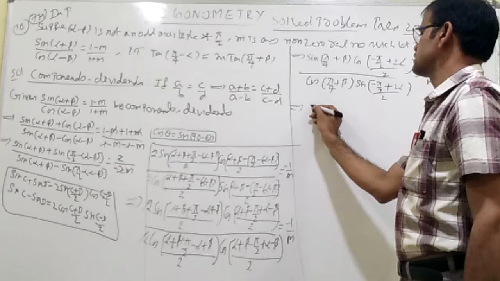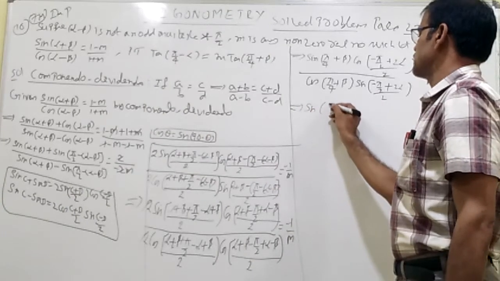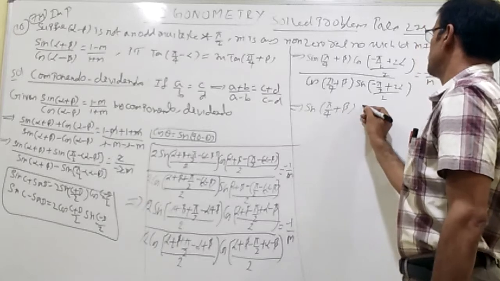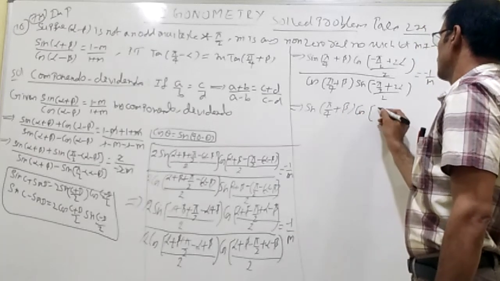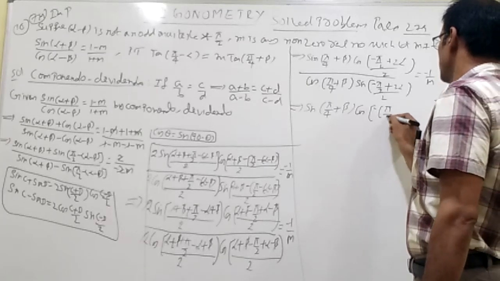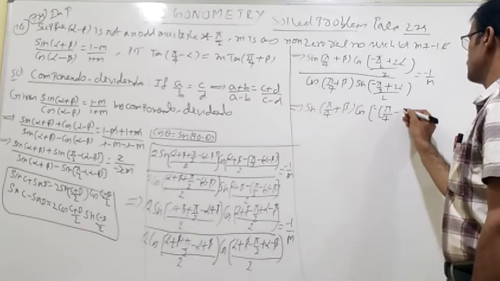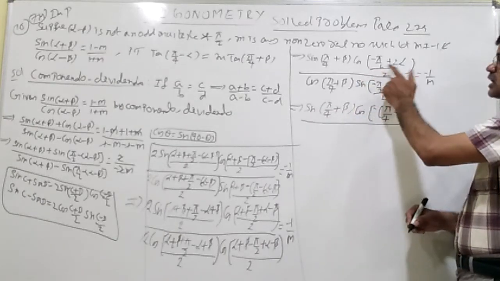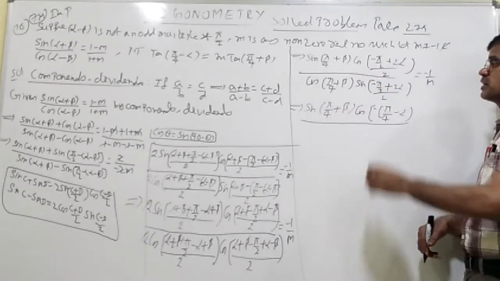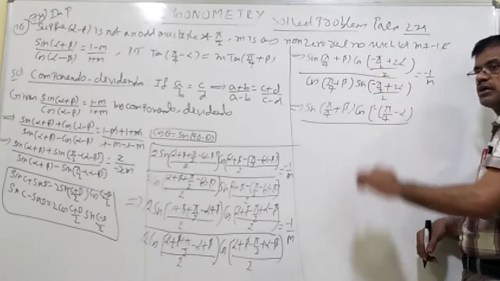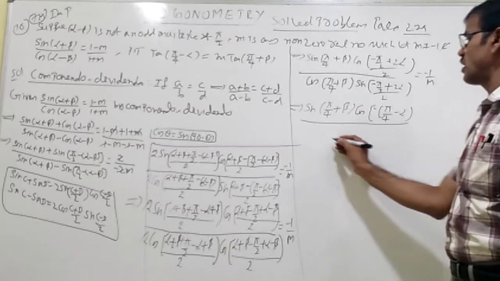That implies sine of pi by 4 plus beta into cos of, taking minus common here, try to understand what I am writing, pi by 4 minus alpha, because minus taken common, minus becomes plus, plus becomes minus, pi by 2 becomes pi by 4, and 2 alpha by 2 becomes only alpha.